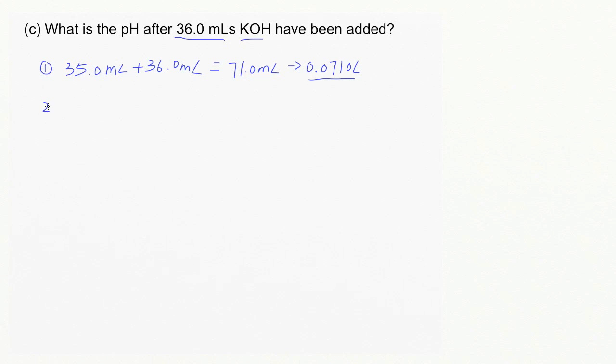Okay, so total volume. The second step again is a stoichiometry calculation to find out how much potassium hydroxide is left after you add the 36 ml of potassium hydroxide. So let's use that reaction equation again. Hydrogen bromide reacts with potassium hydroxide to generate potassium bromide and water.